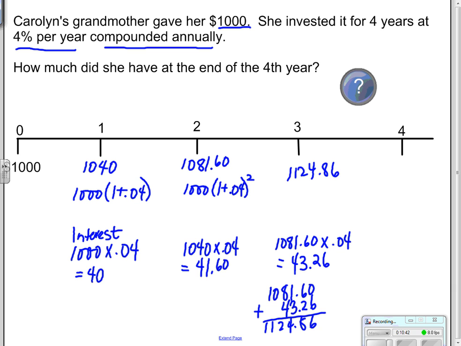And the last year, he takes her total $1,124.86, gives her her 4% interest rate, which is $44.99. So in her account, $1,169.85.